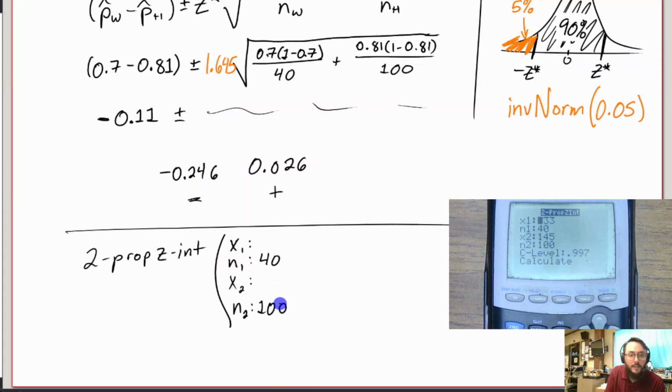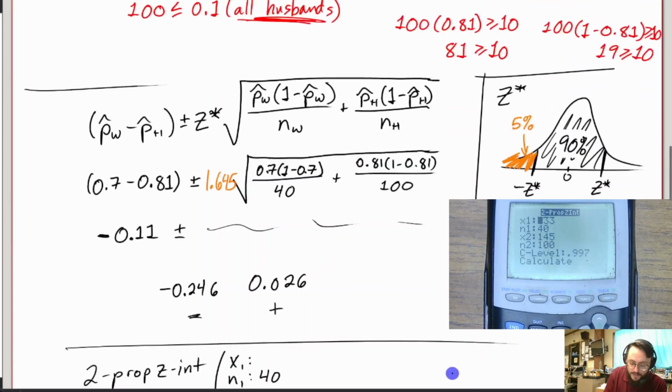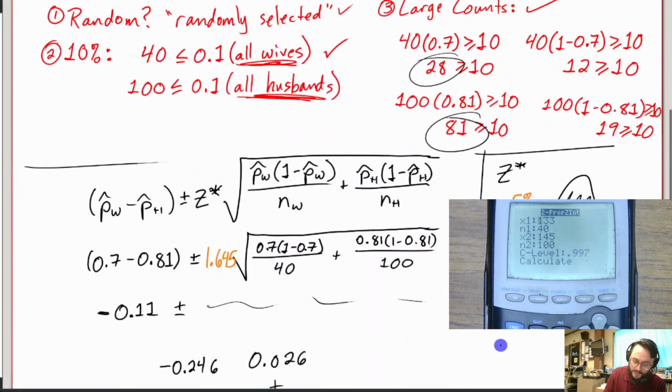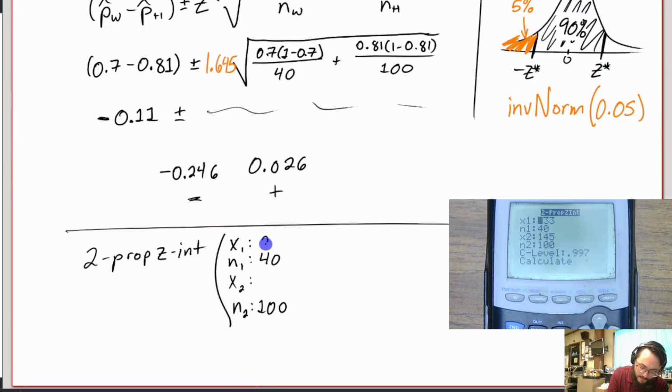Now, our x's, number of successes. Remember these here, n times p hat. Those are the number of successes. Right? So the number of wives who said that their spouse is their best friend, and the number of husbands who said that their spouse is their best friend.